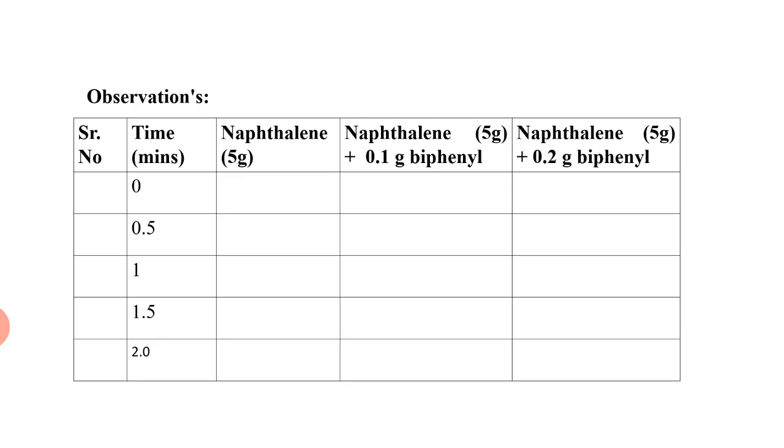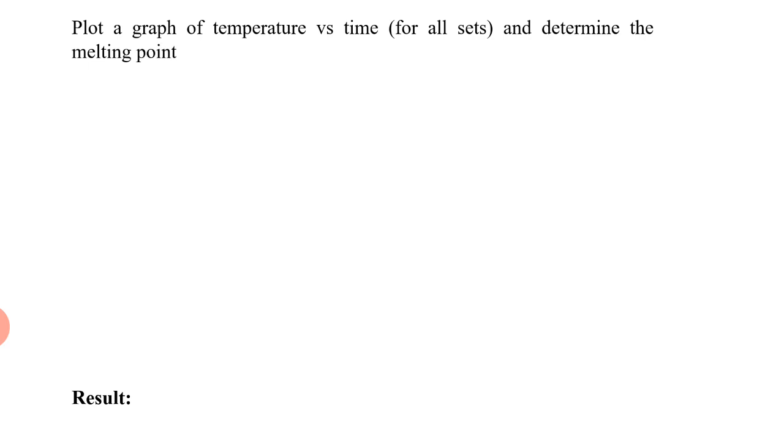That's why the reading for 0.1 gram biphenyl and 0.2 gram biphenyl is lower than that of pure naphthalene. Next, plot a graph of temperature versus time for all sets and determine the melting point.